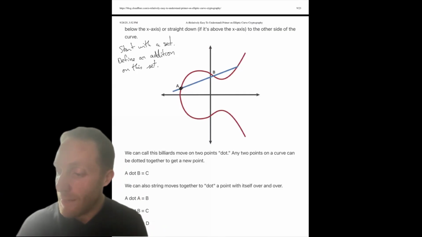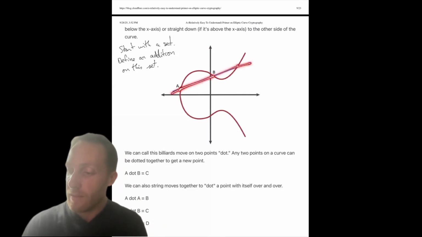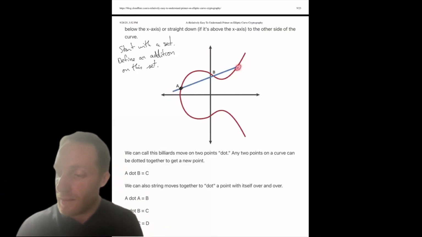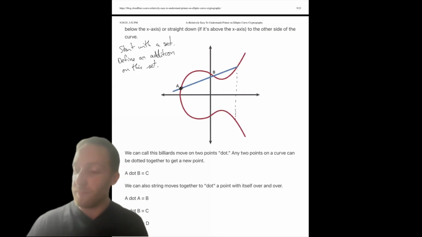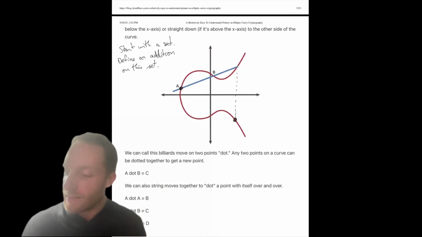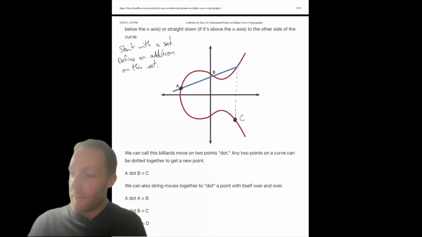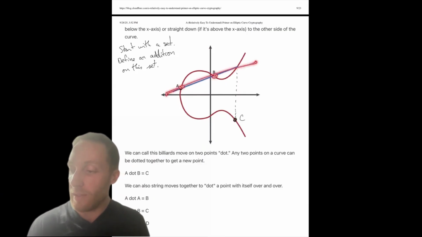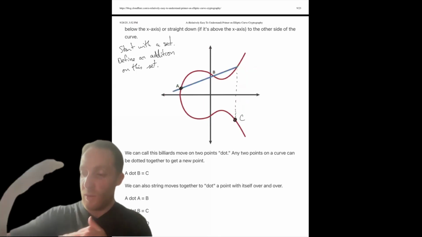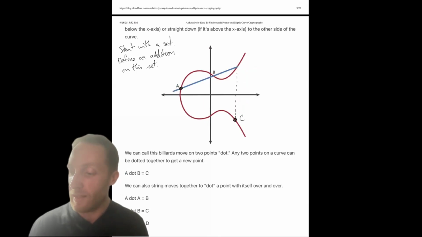So you take A and B, you draw a line, and it crosses here. Where it crosses, you take the flipped Y point, and this is C. So this is how addition is defined. Take A plus B, draw the line, go to the reverse Y point, and you get C.